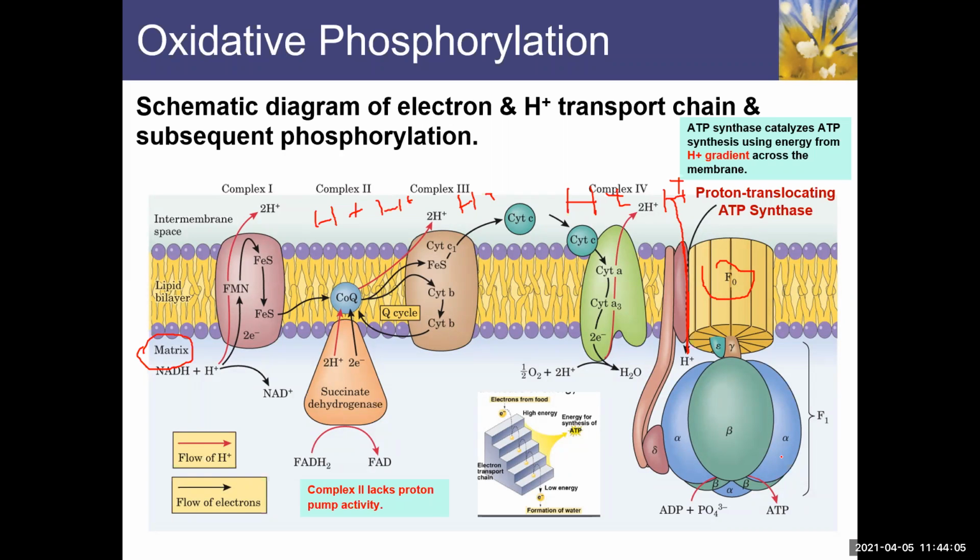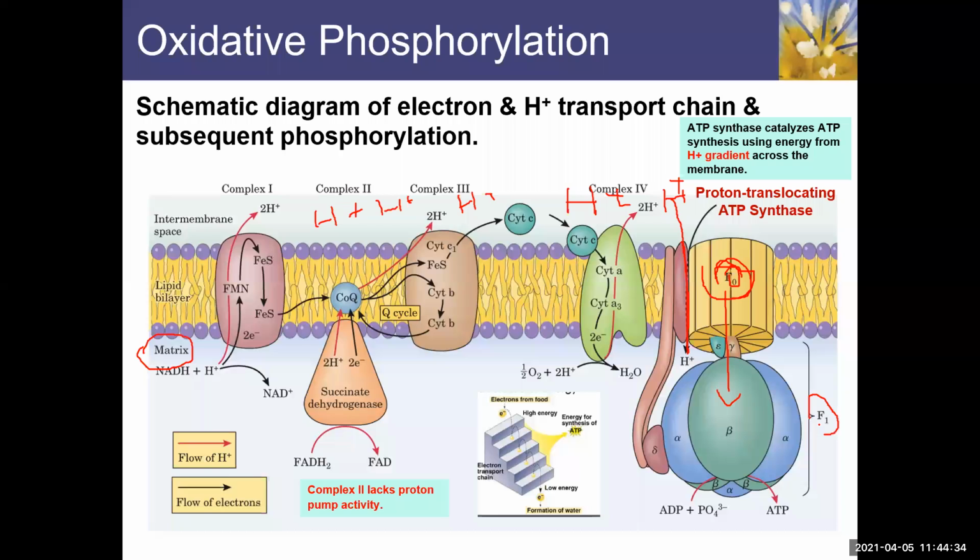You can say that the F0 is rotated. As the protons travel over here, the F0 rotates. There will be a conformational change in this F0, which is further going to bring a conformational change in three subunits of F1.